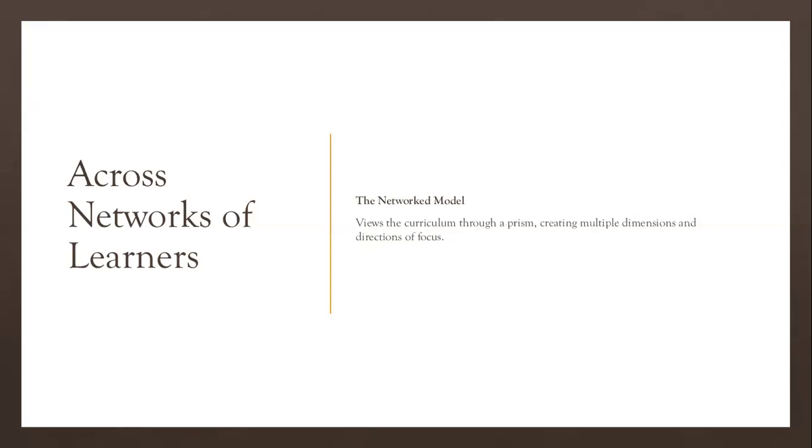Last but certainly not least, we are looking at integrating curriculum across networks of learners. To do that, you'd use the network model, which views curriculum through a prism. So you're creating multiple dimensions and directions of focus. Learners filter all learning through the expert's eyes and make internal connections that lead to external networks or experts in related fields.